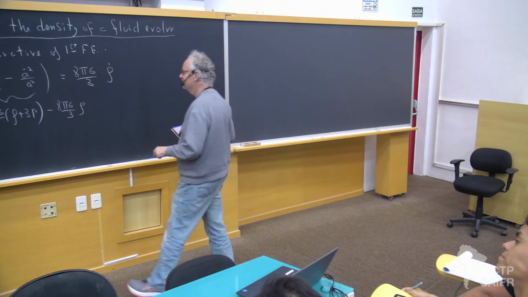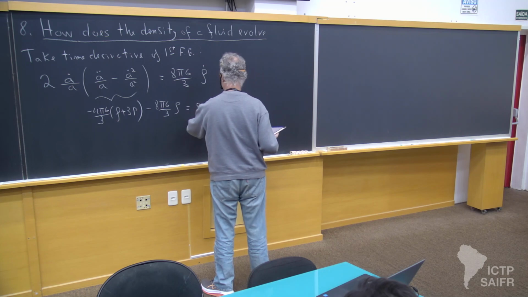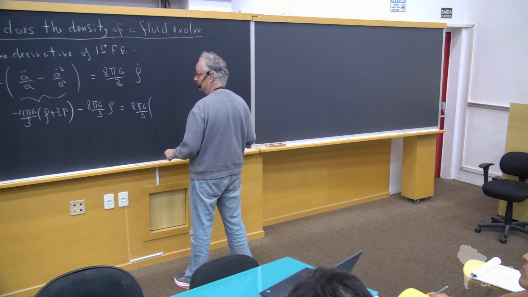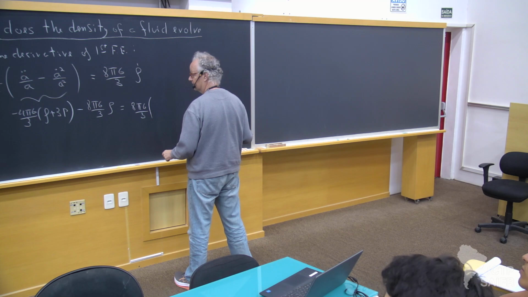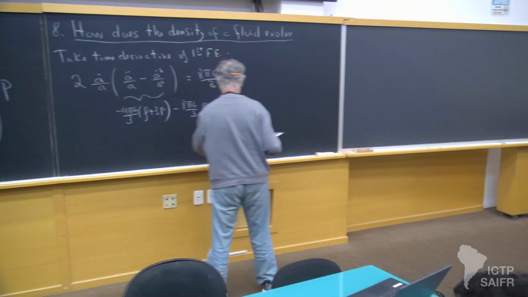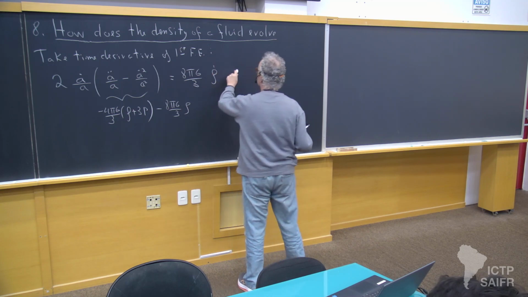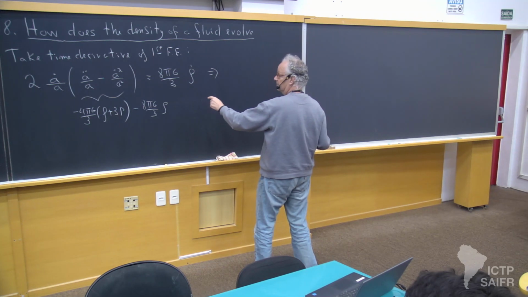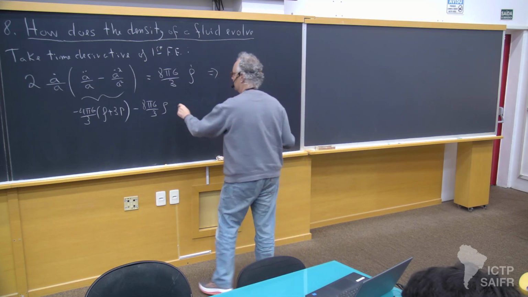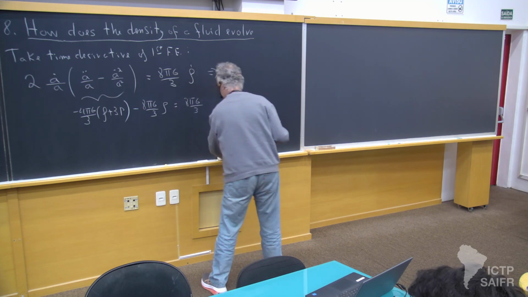Again, make sure I don't make any mistakes. So I can write this as 8 pi G over 3, and then I have a 2 here, so let me write this to make it easier.